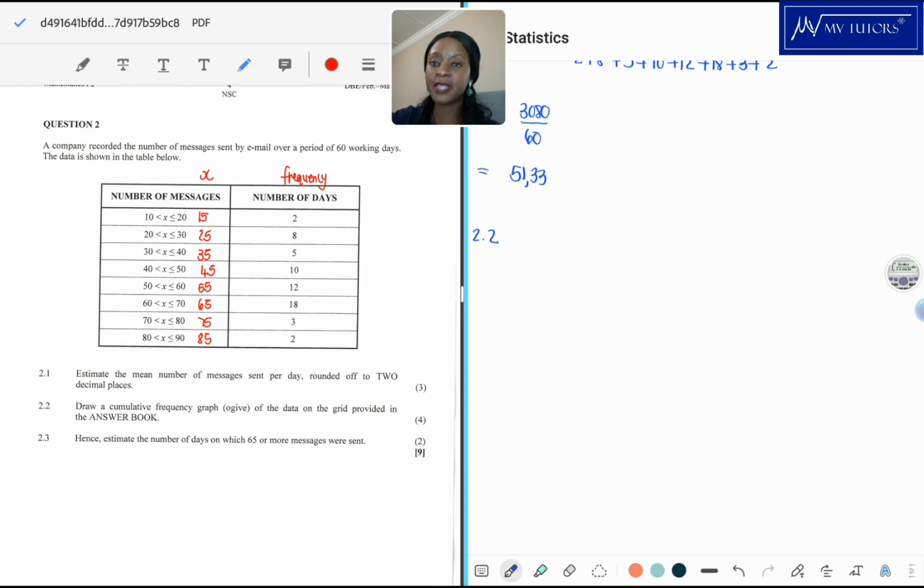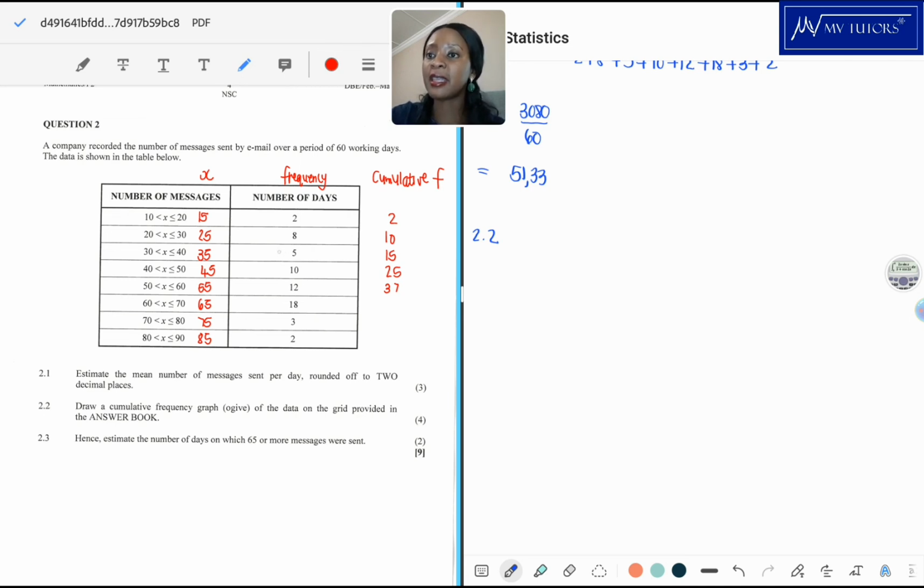The number of days will be cumulative, so let's do it together. Cumulative frequency: initially 2 plus 8 gives you 10, plus 5 you have 15, plus 10 would be 25, plus 12 it would be 37.